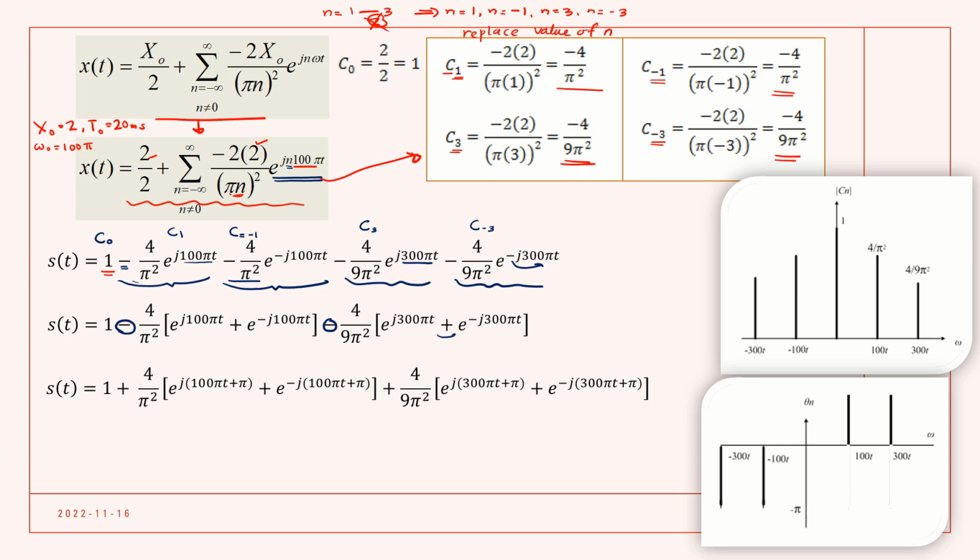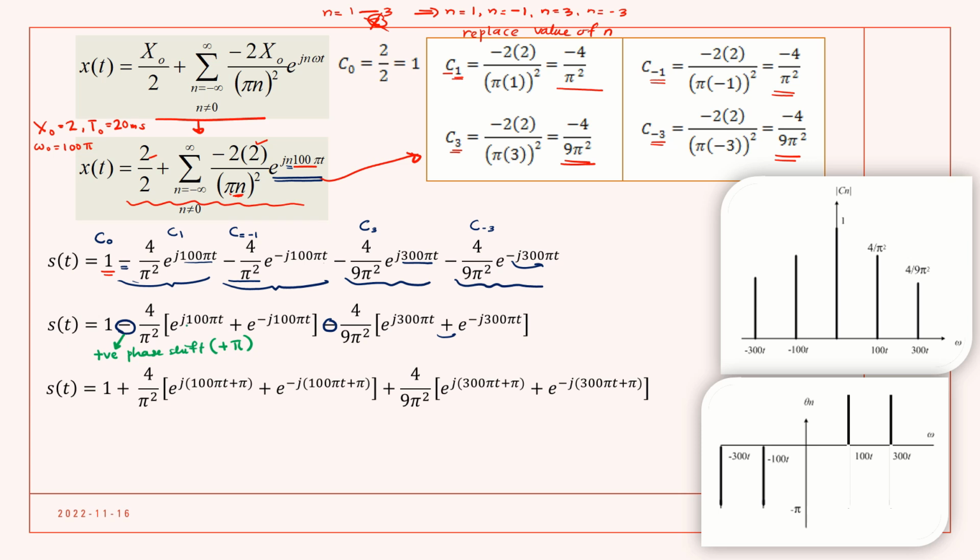We can make them positive by phase shift. So how do we make it positive by phase shifting? By plus pi. So we add plus pi inside here.